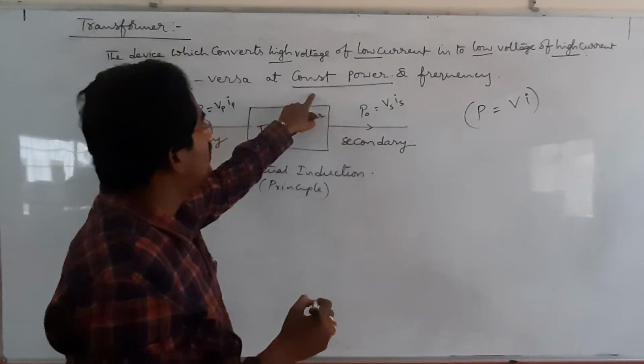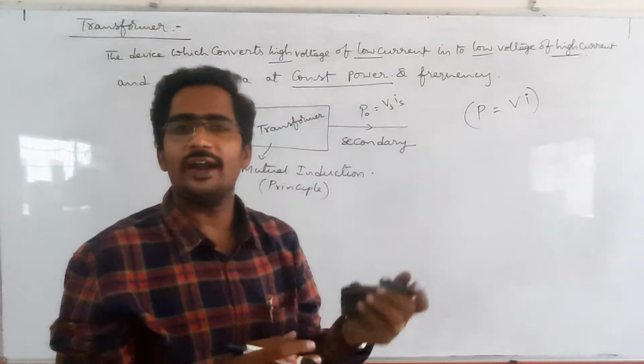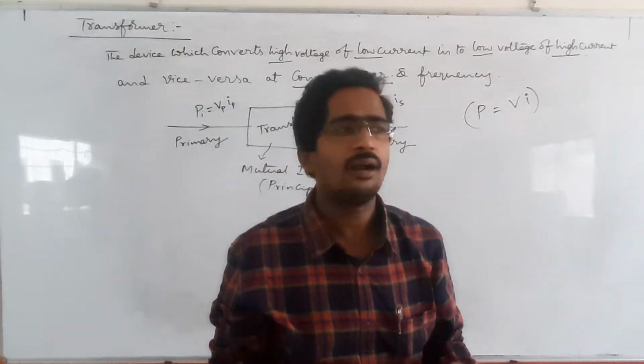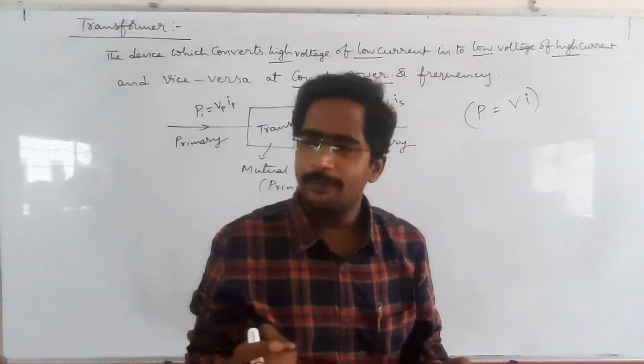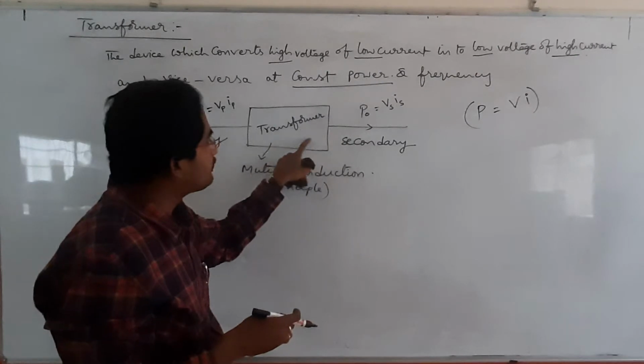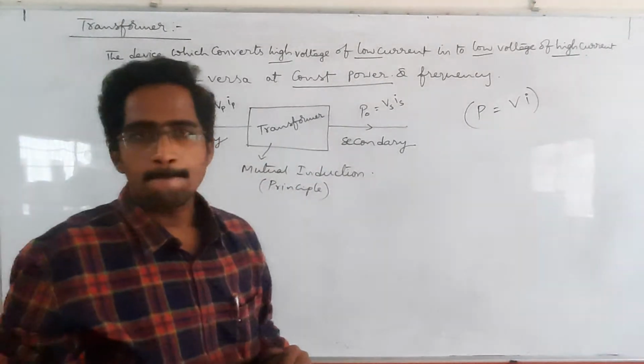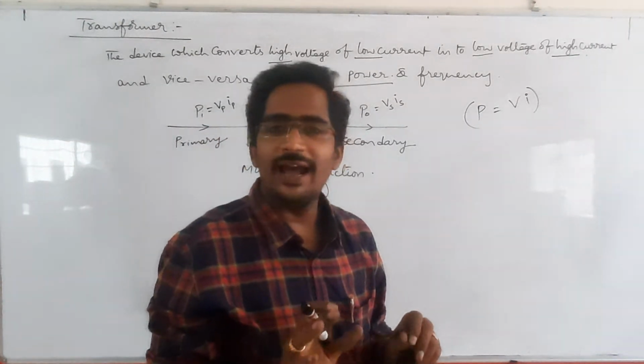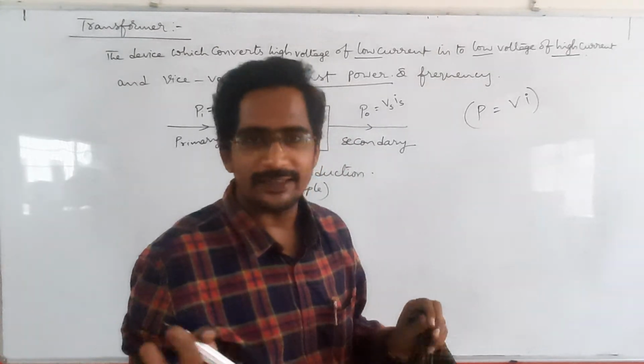But I told you the transformer works at almost constant power; on maximum, 100% power is not going to be equal. There is some loss of power inside, so no transformer has 100% efficiency.